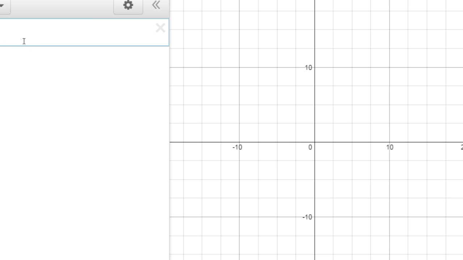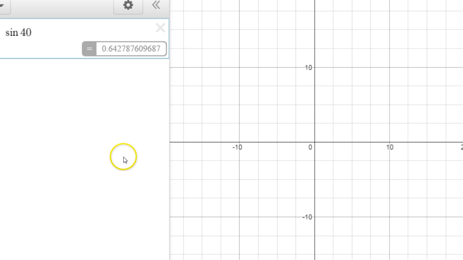All right, so now, for example, I wanted to show you what sine of 40 was. Sine of 40 is just this really complicated decimal. Okay, so technically this is just a number. All right, and if you remember me talking about it, sine of 40 is equal to the ratio of the two sides, the opposite divided by the hypotenuse, and this just happens to be that ratio.